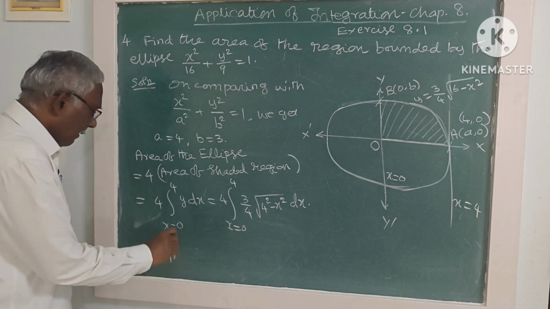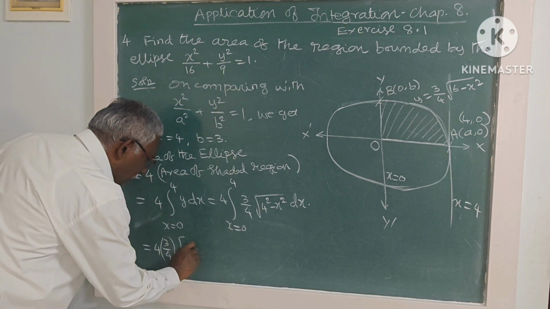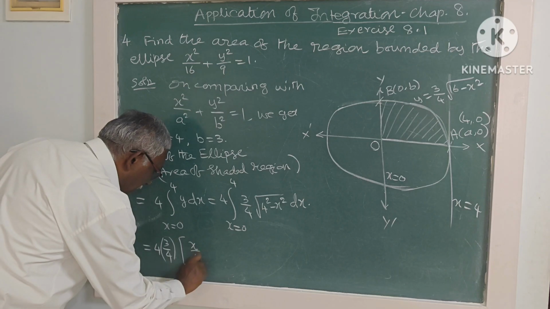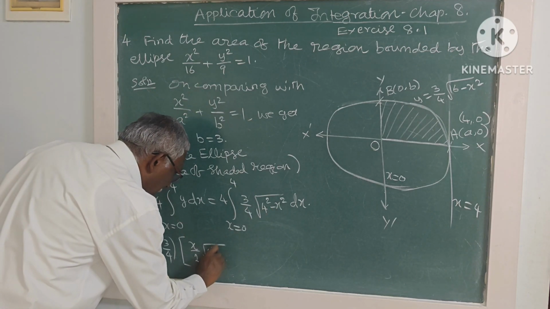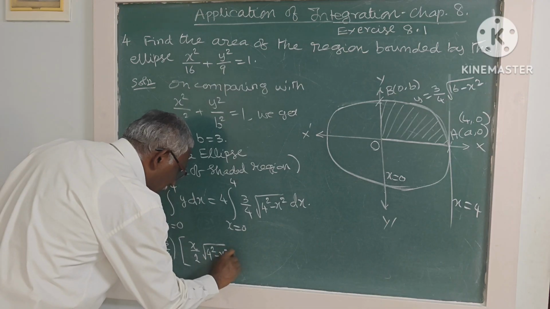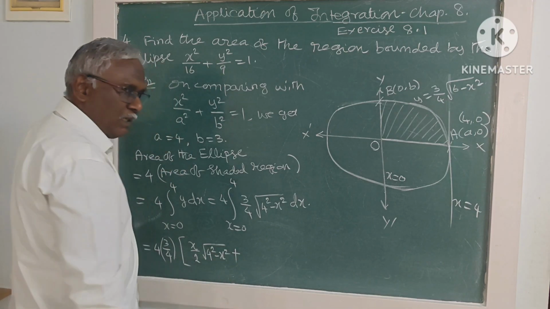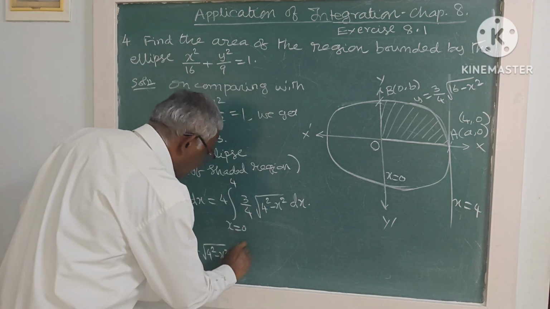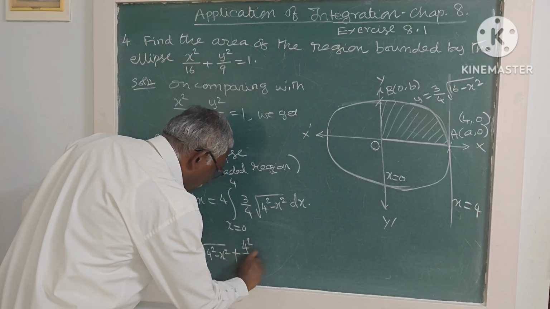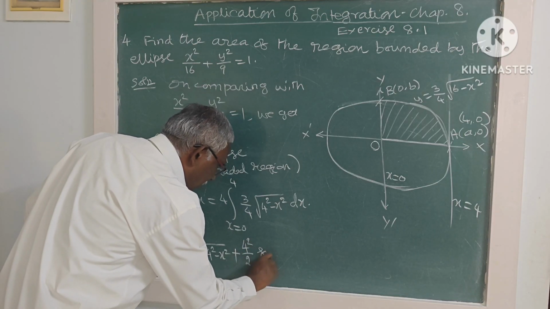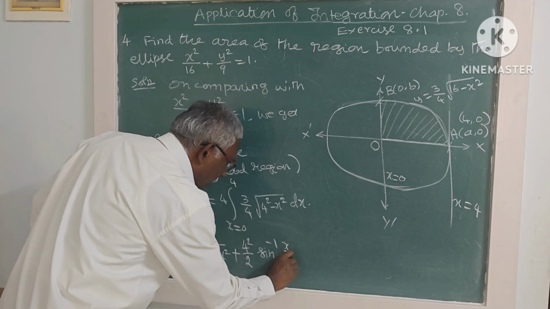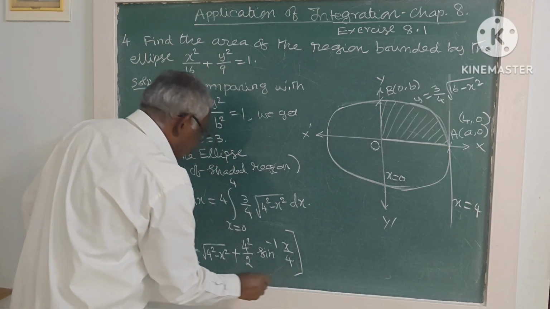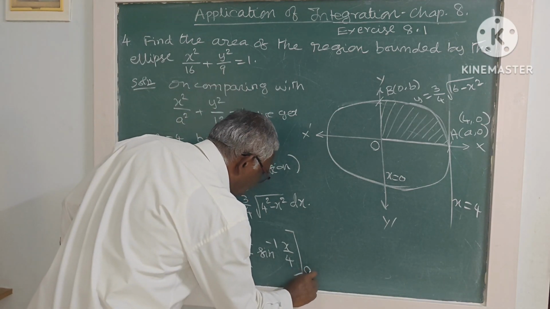So what is the formula? x by 2 into square root of whatever comes inside, 4 squared minus x squared, plus a squared by 2, a is 4 here, so 4 squared by 2, sine inverse x by a, with limits 0 to 4.